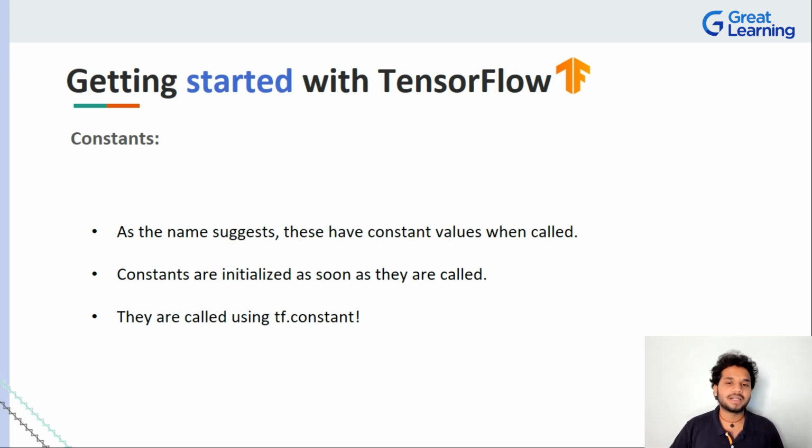Now, constants are fun. We understood what they mean, but one thing you have to understand about these constants is the fact that they get initialized as soon as they are called. Now, there are two ways you can work with tensors, right? One is to make sure that you have initialized them, you're calling them. Think of it like a function, right? If you have a function, you'll have the body of the function. You'll have to eventually call the function to make use of it, right?